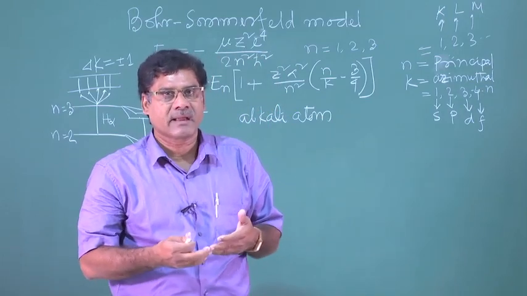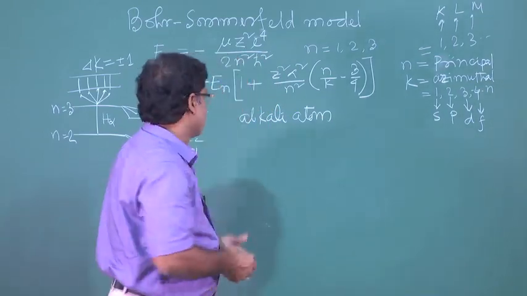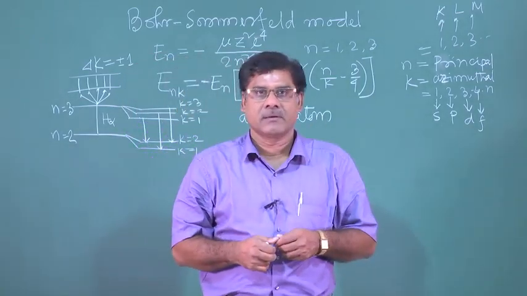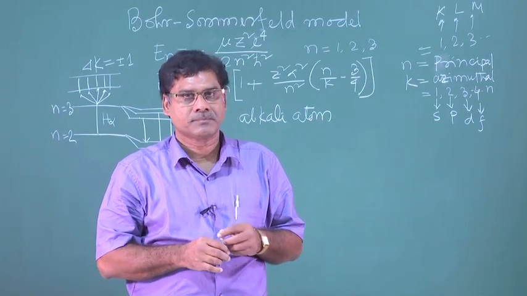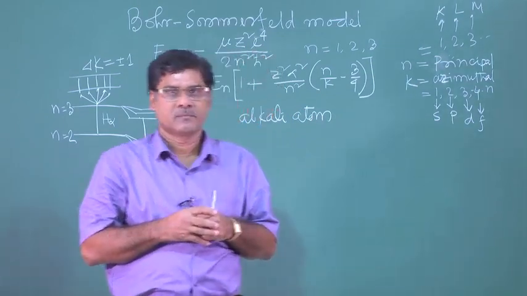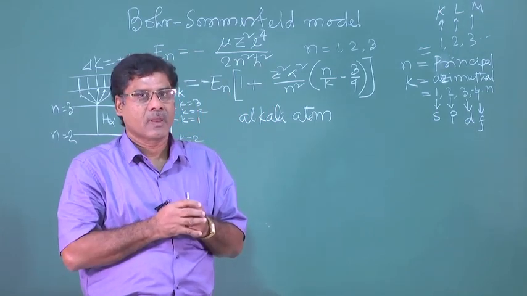Why it is similar, I have explained to you that in the outermost shell there is one conduction electron, and the other electrons basically shield the nucleus.